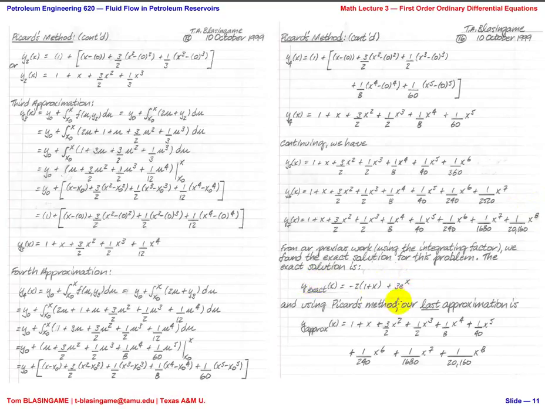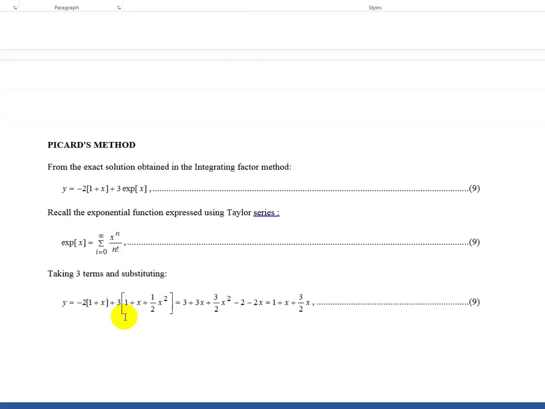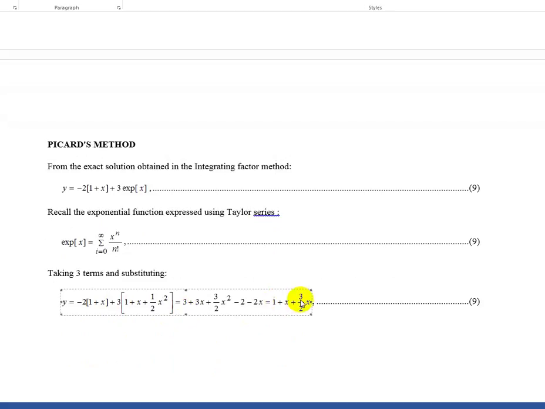It is interesting to see that if you express the exponential function in terms of the Taylor series, you end up with basically the same approximations, but only until a certain point.